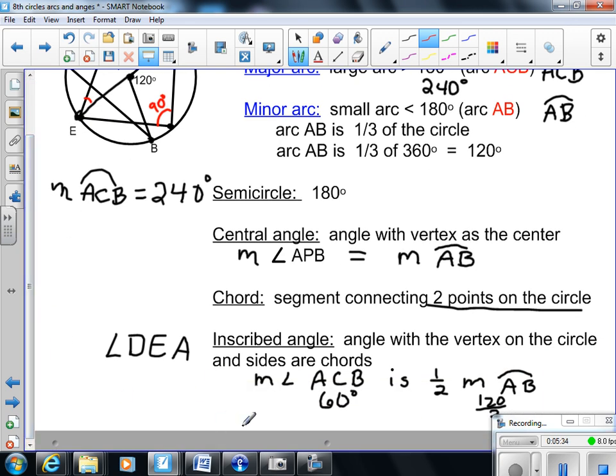So the measure of an inscribed angle is half the measure of its corresponding arc.